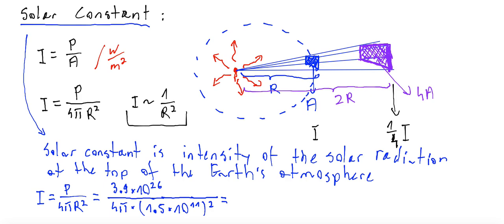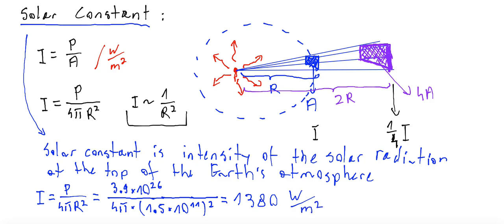I have 3.9 divided by 4, divided by pi, divided by 1.5, and divided by 1.5 and zeros, and I have 1380, and the unit is watts per square meter. What does it mean?